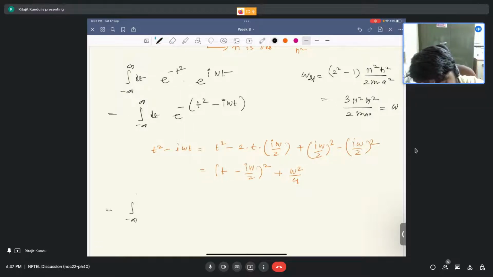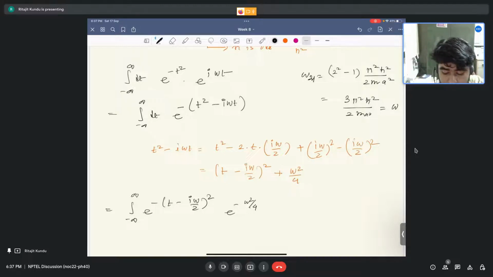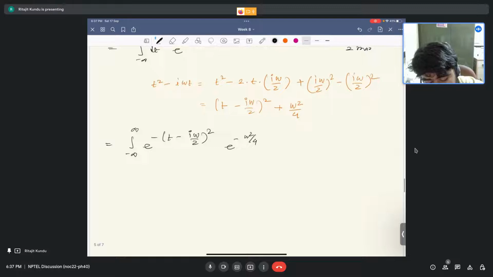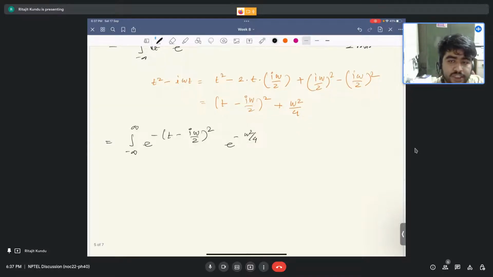So again, let's put all of these things back in the exponent. Minus infinity to infinity, e to the power minus t minus i omega by 2 whole square, and then there is additionally e to the power minus omega square by 4. Okay, so this is the whole quantity, and you know from Gaussian integrations that this first quantity is just square root pi.